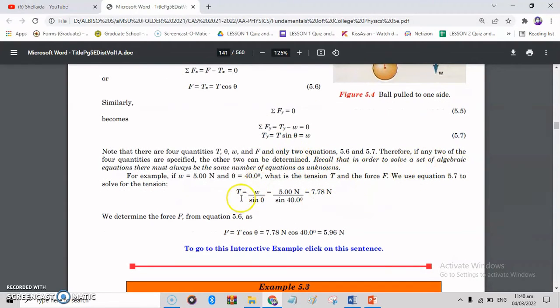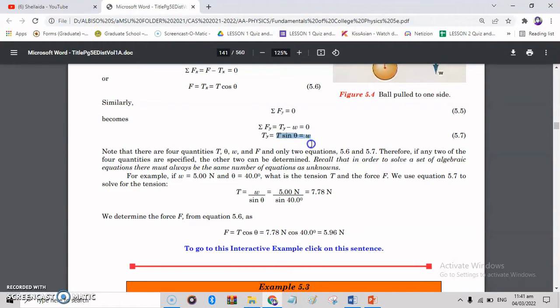So, here we use 5.7. Why? Since we are not given the force, and force is equal to T cosine theta, but we were given the weight, we use 5.7. Tension times sine theta equals weight.